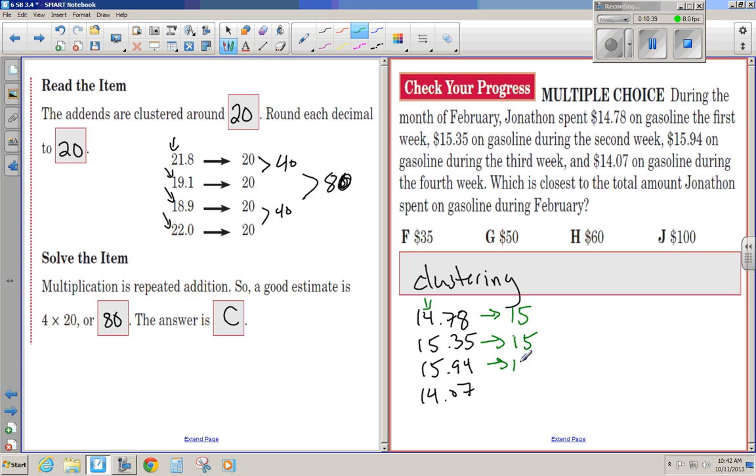All of these round to approximately 15. Now, if you want, you can multiply them. There are 4 15s, or you can just add them up. 15 and 15 is 30, 15 and 15 is 30, 30 and 30 is 60, and you get the same solution.